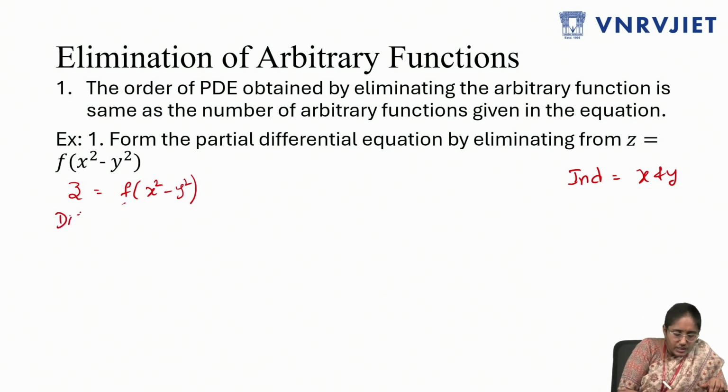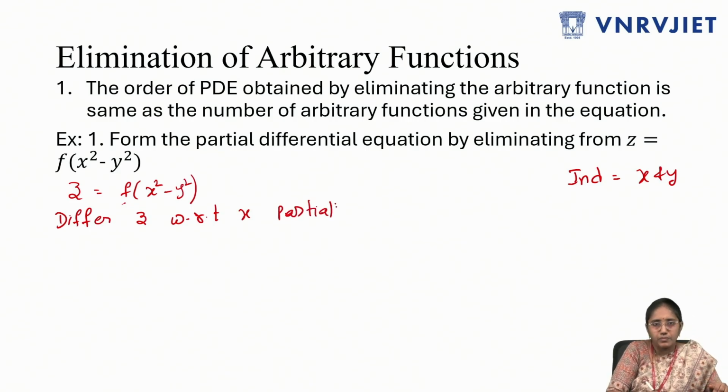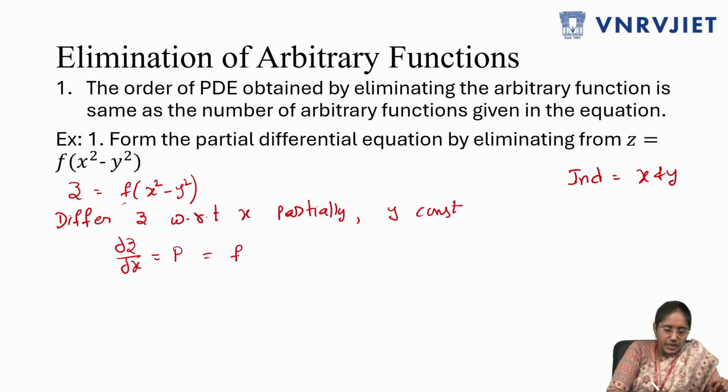So differentiate z with respect to x partially, by taking y constant. So ∂z/∂x, which is denoted by p, is the derivative of f, whether it is ordinary or partial. The derivative of sin is always cos. The derivative of cos is always minus sin.